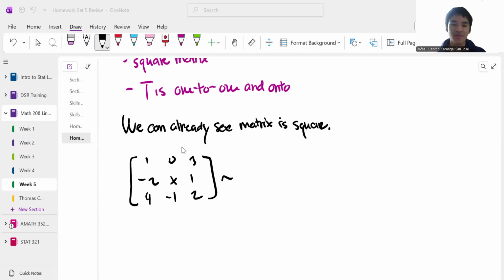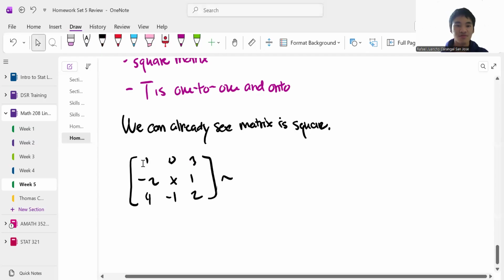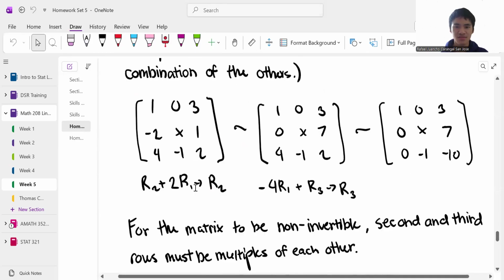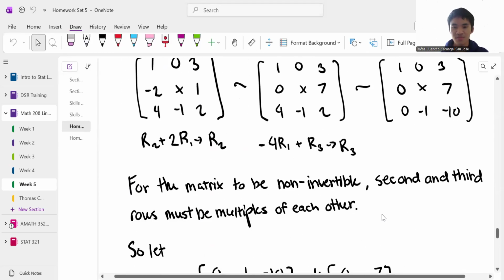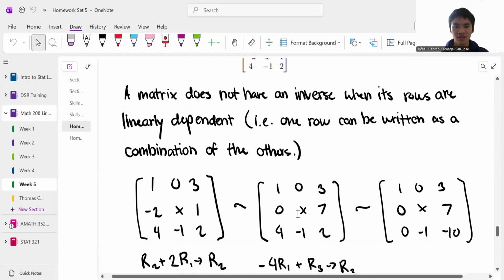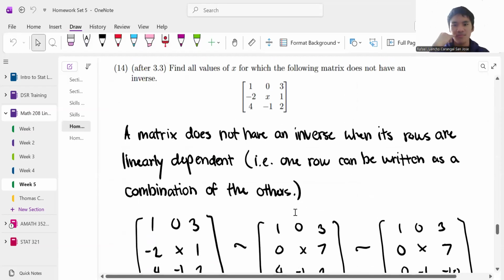Okay, here's the thing. We don't need to find the actual inverse. We just need to know if there is an inverse, right? So the way I did it was I literally just computed it and got the row echelon form right here. When its rows are linearly dependent, one row can be written as a combination of the others.